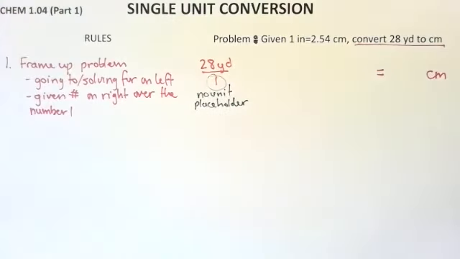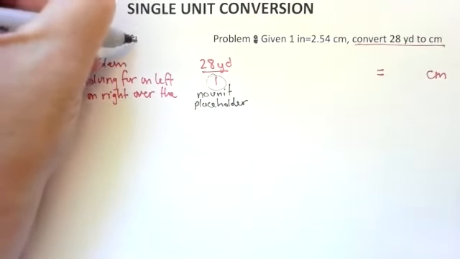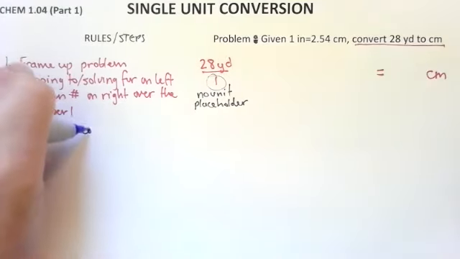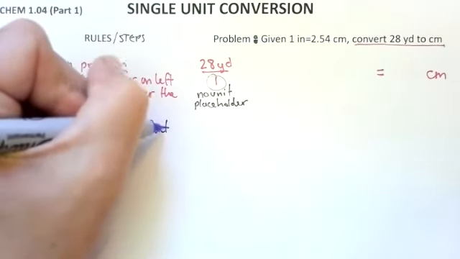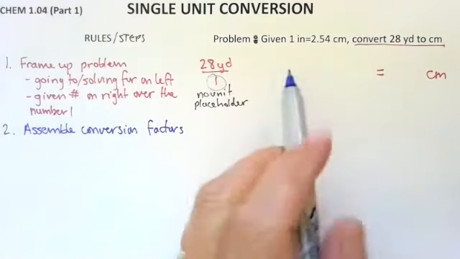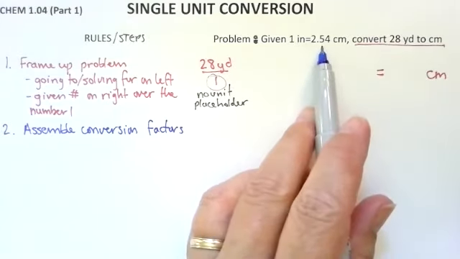Okay, next step, next rule, you could call these rules or steps. Number 2 is to assemble your conversion factors. So we're given one conversion factor in the problem. We have that 1 inch is equal to 2.54 centimeters.